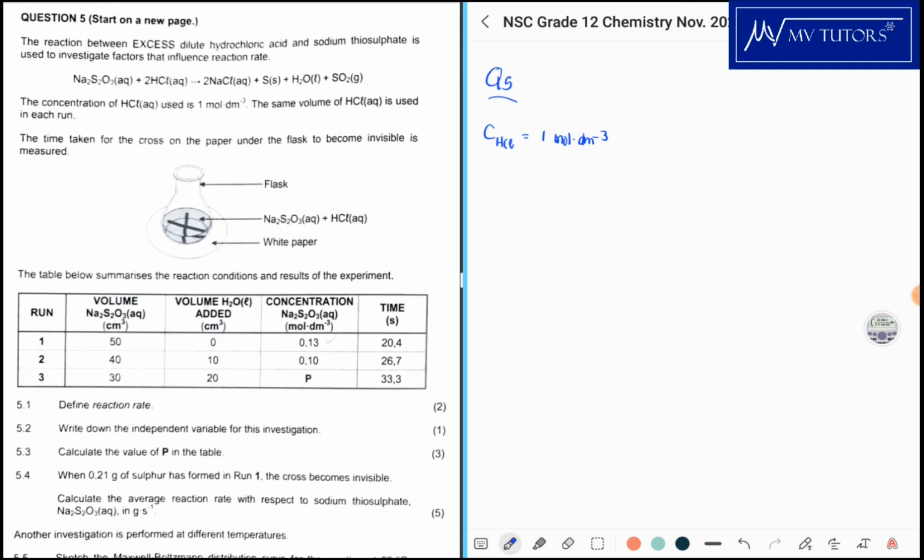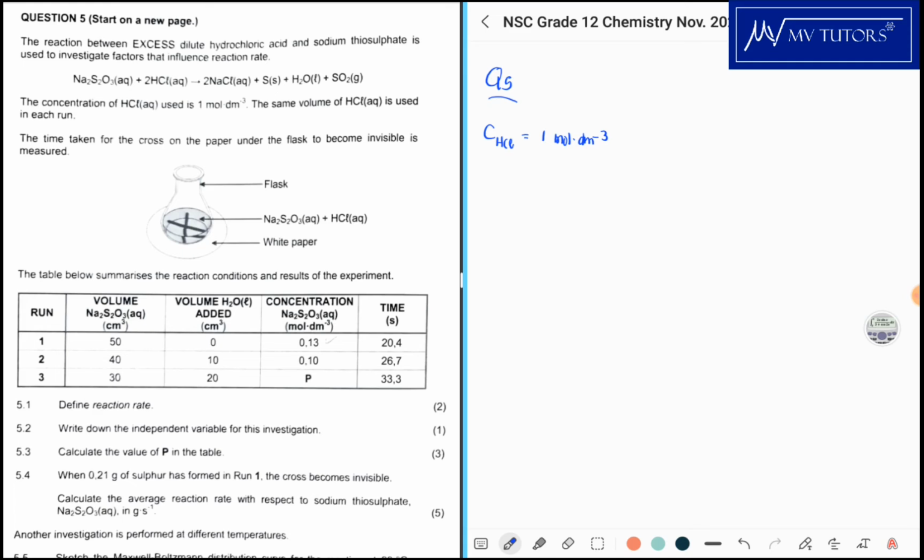So it says the time taken for the cross on the paper under the flask to become invisible is measured. I've covered rates of reaction, practically how do we measure it. If you check out the chemistry playlist, you'll find it. The whole thing with this experiment is the quicker the X disappears, the higher the rate of the reaction.